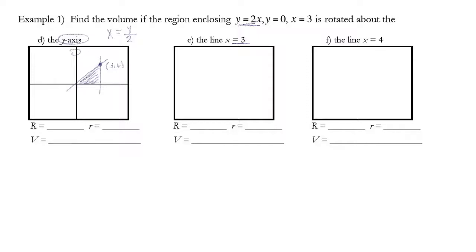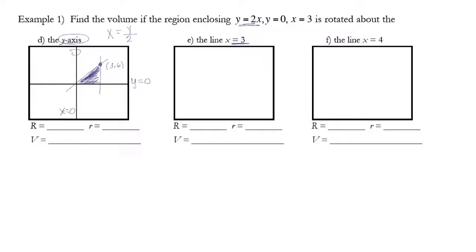And by the same idea, this function down here was y equals 0, so really that one's going to become x equals 0. So it's still the same function, still the same basic shape, but if we're rotating about the y-axis or anything parallel to the y-axis, everything has to be changed over to be an x equals.